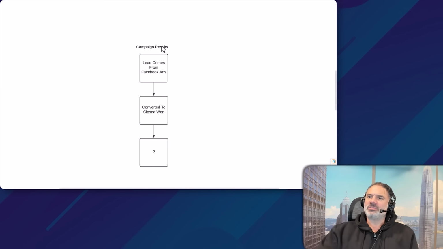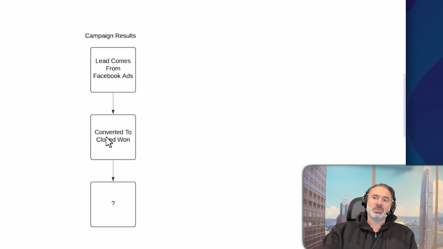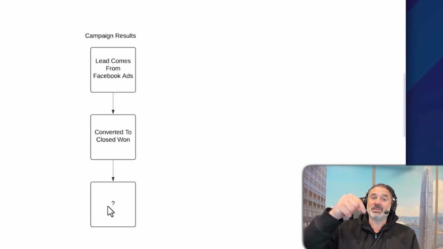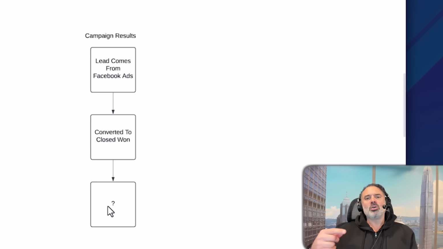But if a lead comes from Facebook and is converted to a deal, so it's a closed one, then I will send the information back to Facebook and say the lead that you just sent me, lead 1, 2, 3, 4, 5, matured to be a closed won deal. And the more I report back, obviously it's all done automatically, the more I am sharing with Facebook about the leads that actually been converted, the better Facebook can send me better quality of leads, and I will spend less and get more. So that's a big one.